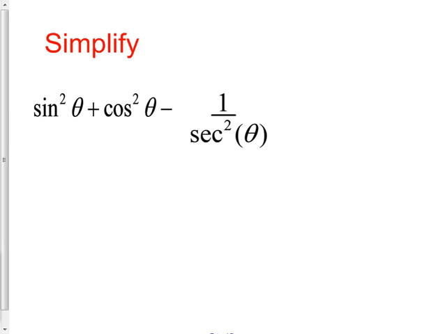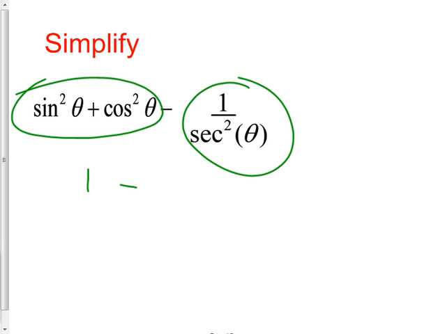Because right here, you should have right away seen that that was what? 1. Now, do you have to do it that way? No. There's actually a better way to do it. But I'm going to start with this way. This turns into 1 minus, and then right away you should think, oh, 1 over something. That means just replace it with the other one. Instead of secant, what would it be? Cosine.